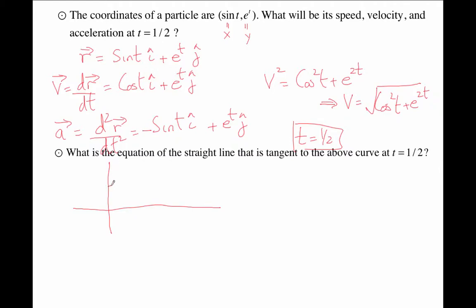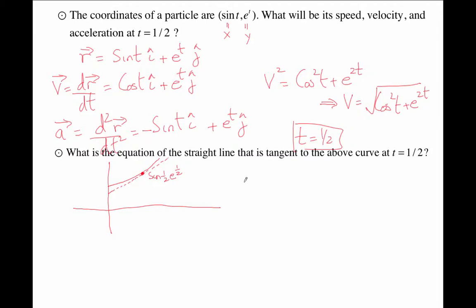So here is a graph that's increasing like this. And at t equal to half, this will be the point sine of half, e to the half. There is a straight line that just touches this at this point, and we are asked to find its equation.